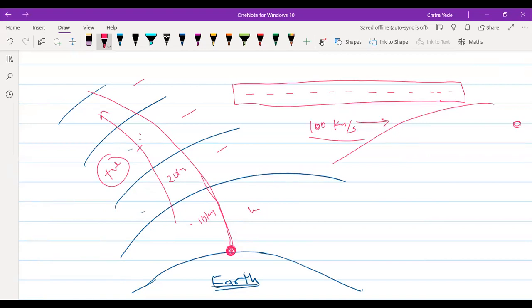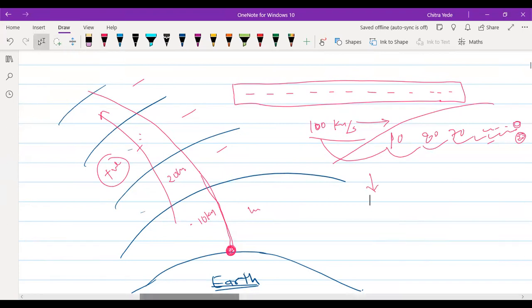After 100, it will be 90, then 80, then 70, 60, 50. At every instant you decrease your velocity, and then it becomes zero when you want to stop. That means you are reducing the velocity, so it is called negative acceleration.